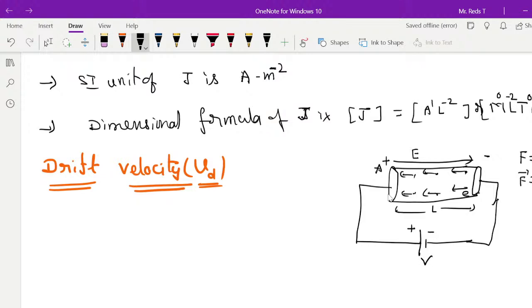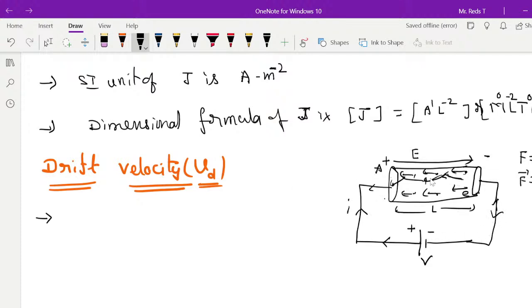They will not move directly straight. They may undergo some collisions here, then move, and again undergo collisions, and finally reach the other end and contribute to the current. When the electrons move from right to left, the conventional current direction is taken in the opposite direction.